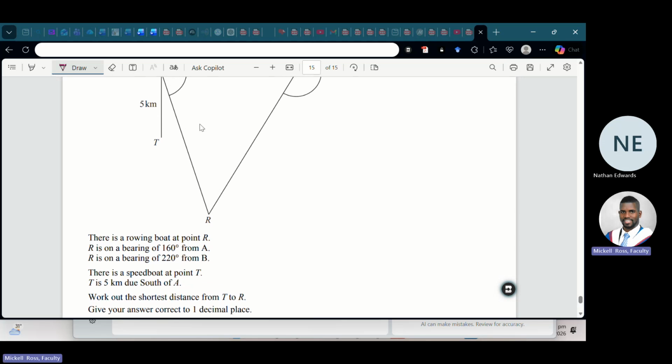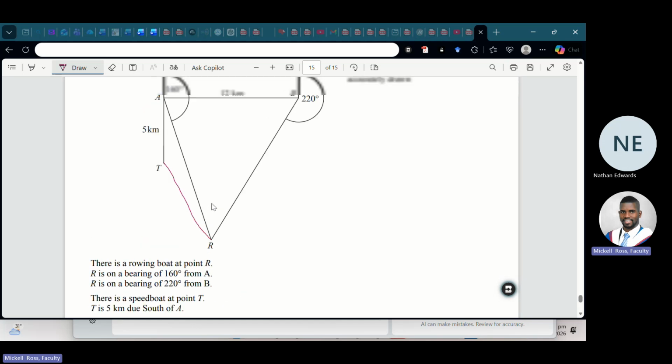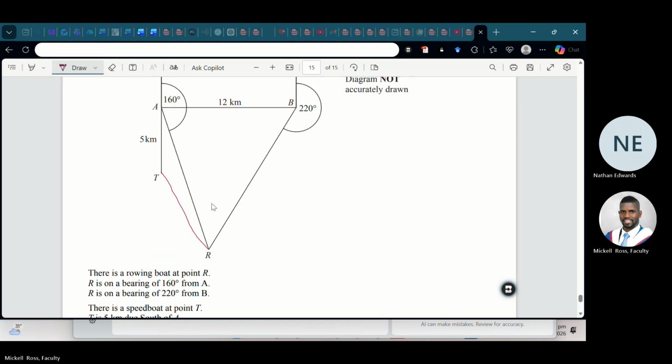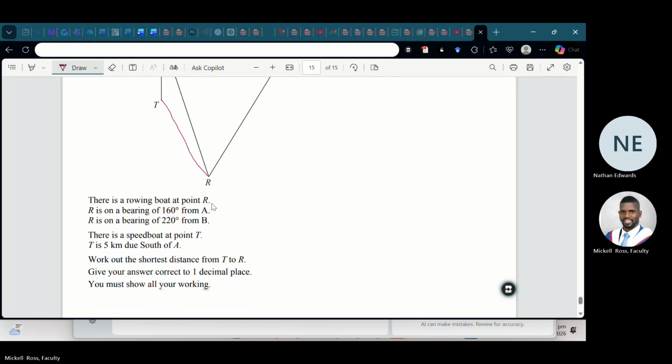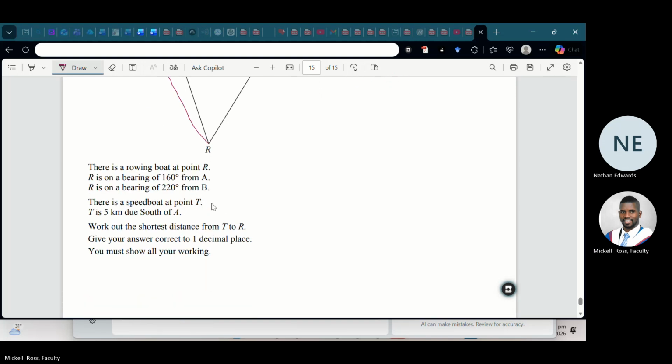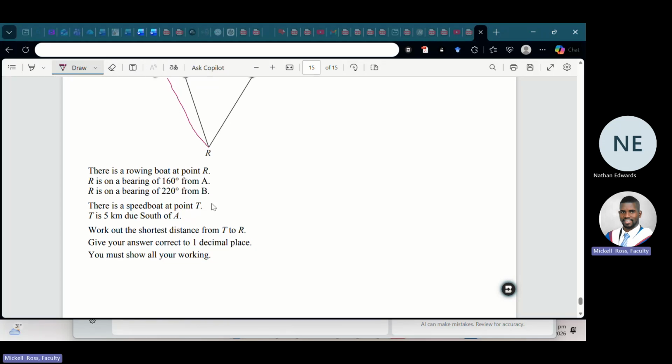So the shortest distance from T to R is a straight line. So we want to know that distance right there. Give your answer to one decimal place. You must show all your working.